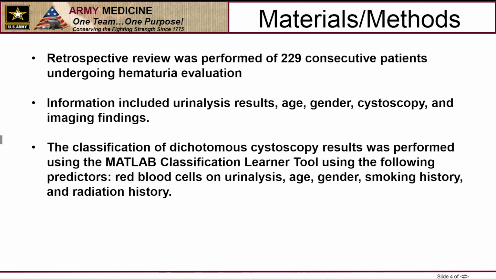Following this, the classification of dichotomous cystoscopy results, meaning were there positive cystoscopy findings, was performed using the MATLAB classification learner tool using specific predictors, which were the number of red blood cells on urinalysis, age, gender, smoking history, and radiation history as particular risk factors.